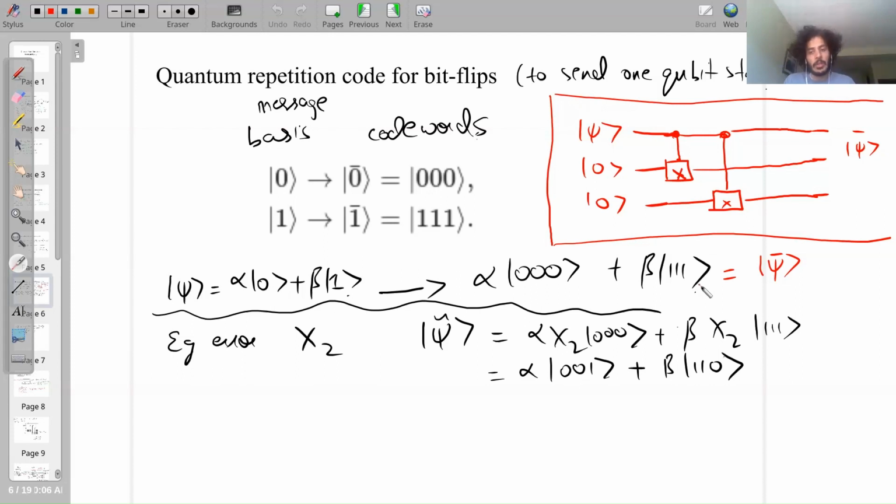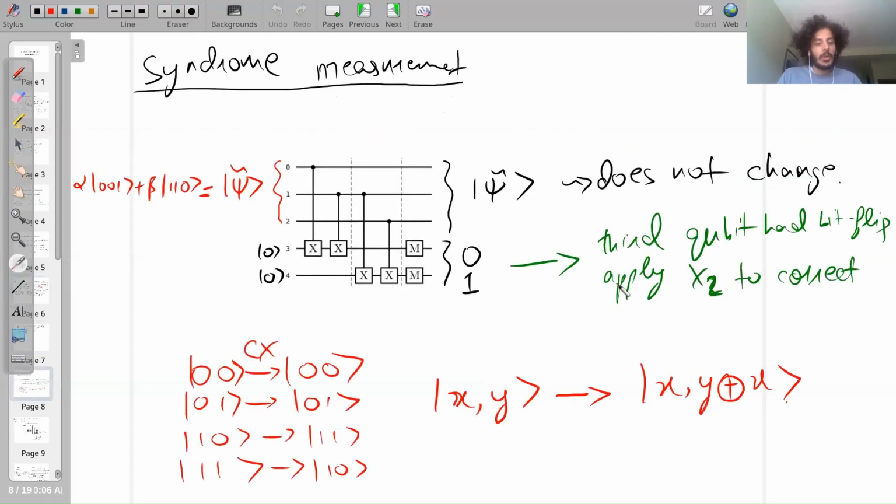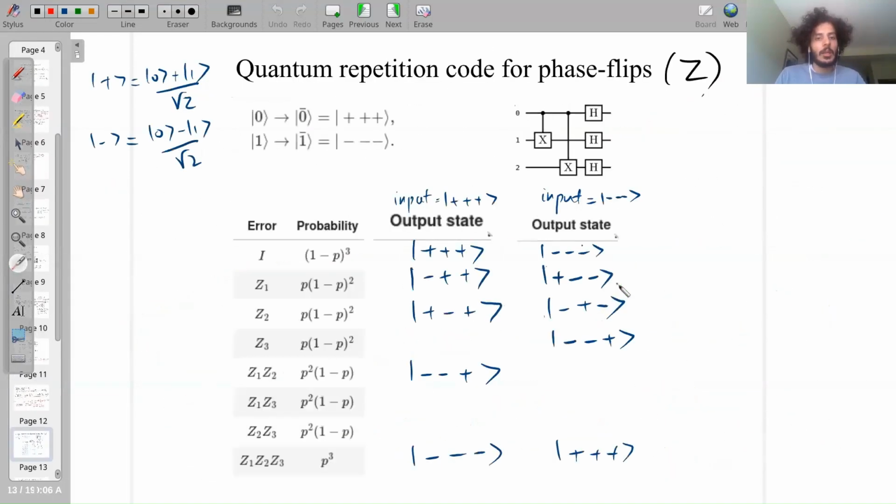There's a pseudo repetition here, and then we applied the same idea of comparison of qubits to figure out where the error was. Then we did the same thing for phase flips, where we move to the plus minus basis. By virtue of the plus minus basis, the way that Z acts on it is the same as how X acts on the 0 1 basis, so it will correct things perfectly.